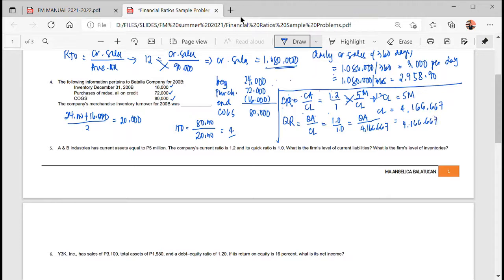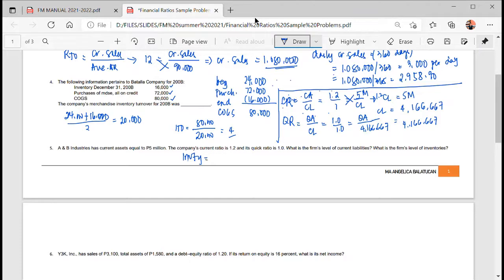Remember that the quick assets only include the most liquid of the current assets. So we have cash, marketable securities, and accounts receivable, and what will be excluded would be your inventories or the prepaid expenses. Assuming there are no prepaid expenses because it's not given in the problem, if we deduct your quick assets from the current assets, that would be our inventory.